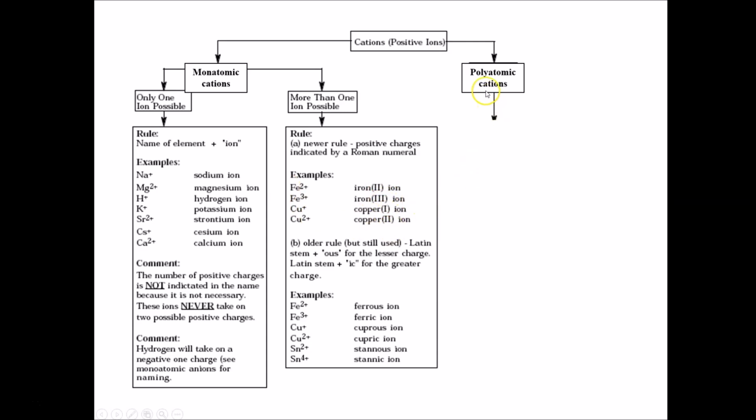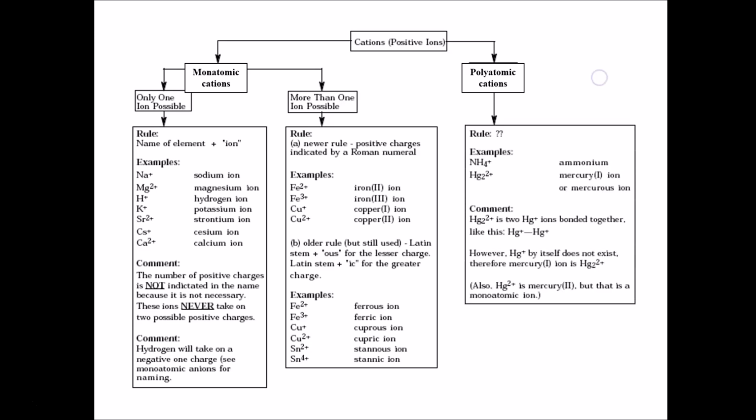Now, polyatomic cations means there's more than one element that together as a group has a charge. For example, there is a group that is listed as NH4, so it's a nitrogen and 4 hydrogens.